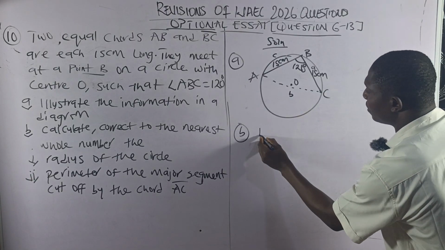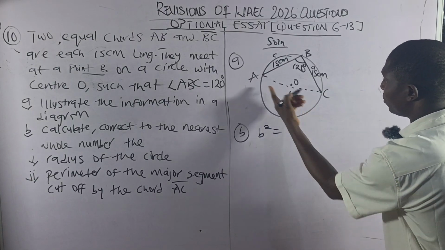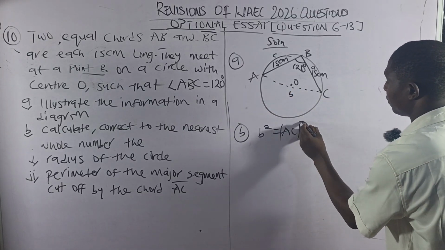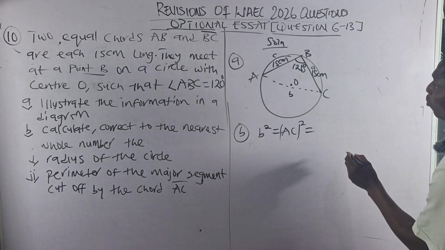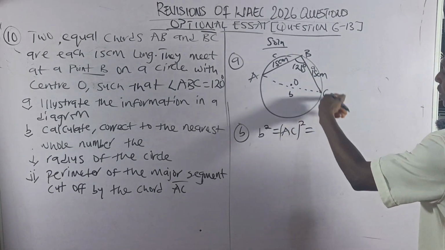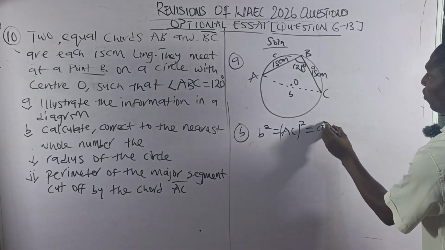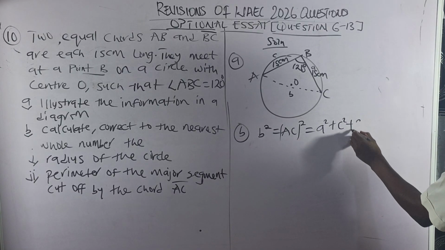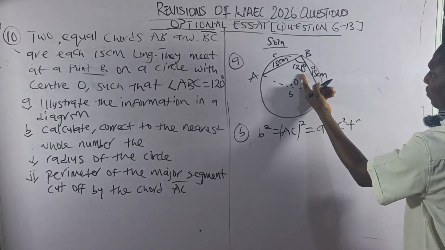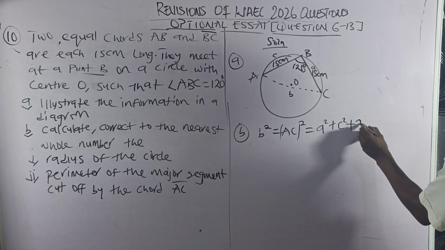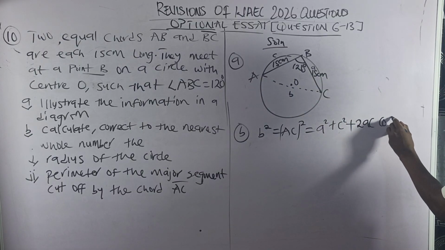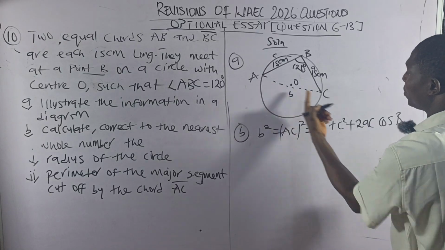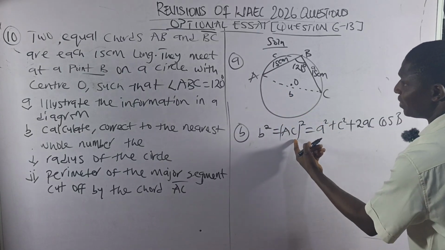So now our b square, which is AC square, will be equals to, I use b for us to get our formula easily, since B is here, we'll have a square plus c square plus, because this is greater than 90, plus 2ac cos capital letter B. So b square equals AC square. So we're using our AC first.